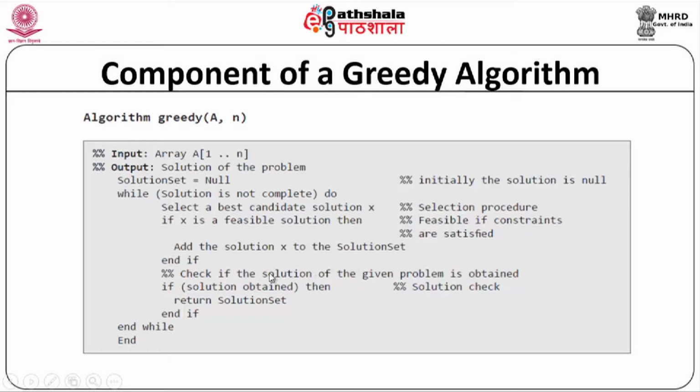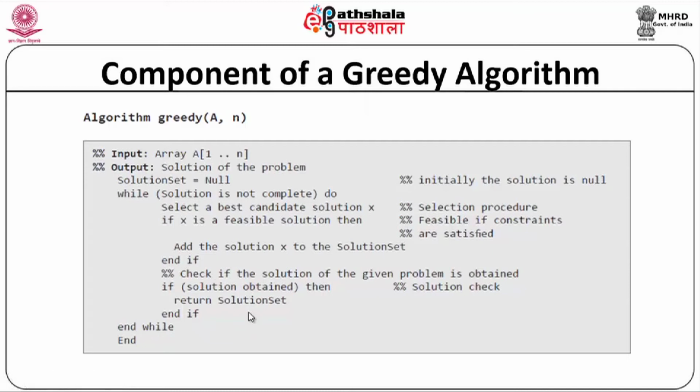Now, this goes in a loop, then finally, I am checking whether a solution is obtained. If a solution is obtained, then I am going to return the solution set. So, you can see that this is the kind of template which all greedy algorithms must follow.